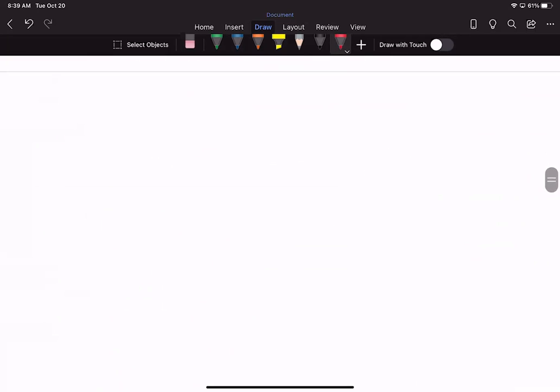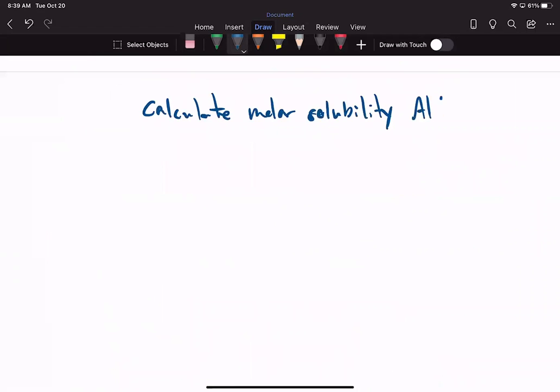Let's calculate molar solubility again. This time we use aluminum hydroxide in a 0.100 molar ammonia solution. And let's give some different information here.